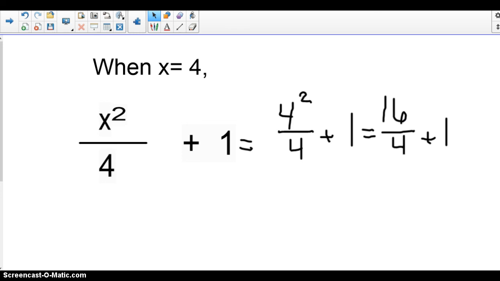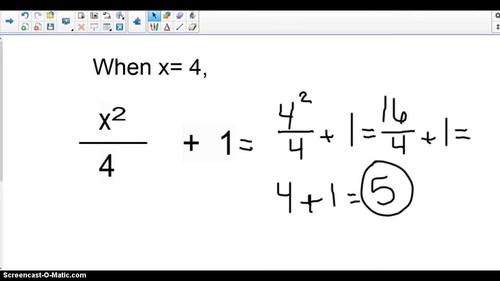Division is done before we do addition, so we're going to make sure that we do the division before we do the addition. So we've got 16 divided by 4, which is 4, plus 1, and we know that 4 plus 1 is equal to 5. So hopefully you came up with a solution of 5.